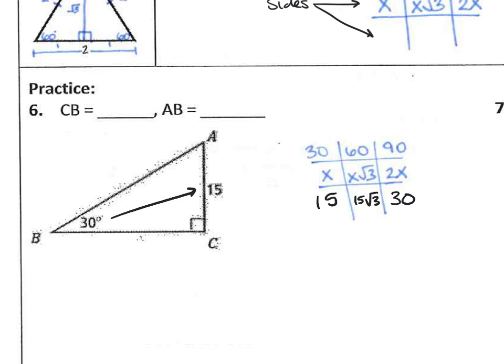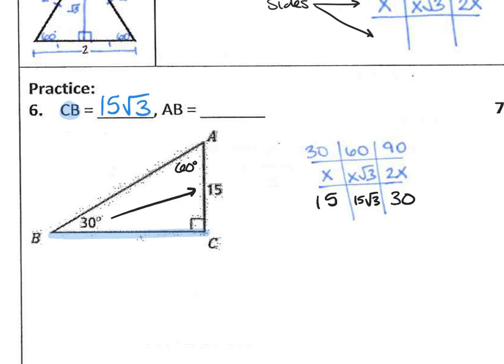This one asks you to find CB. Now if we look at our triangle, CB is right here. That is across from which angle? CB is? It's across from the unmarked one, which means in this triangle for us, what is that measurement? That's my 60. Underneath the 60, what did we say was that length? 15 square root of 3.